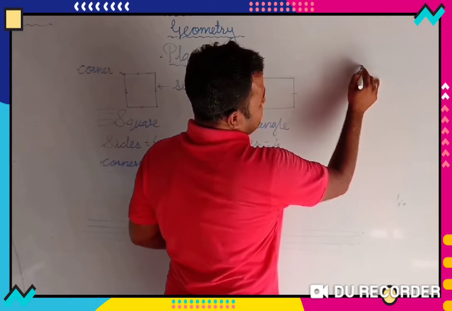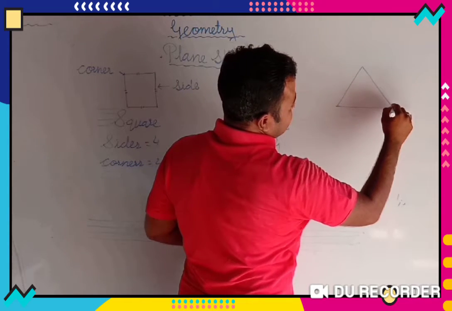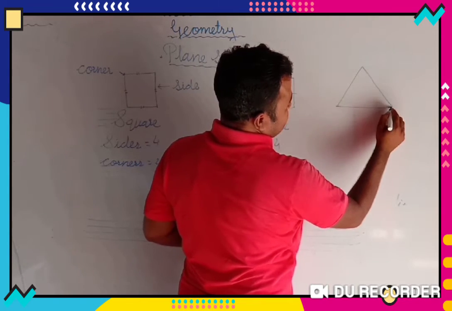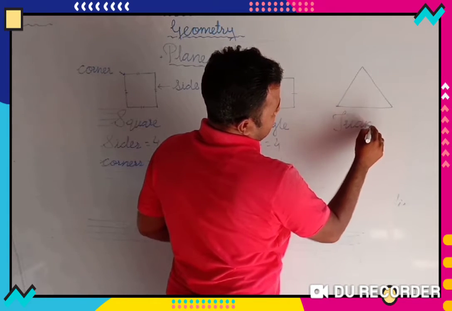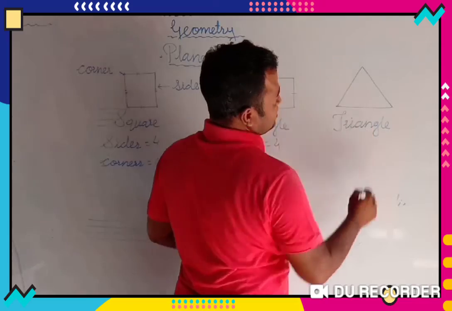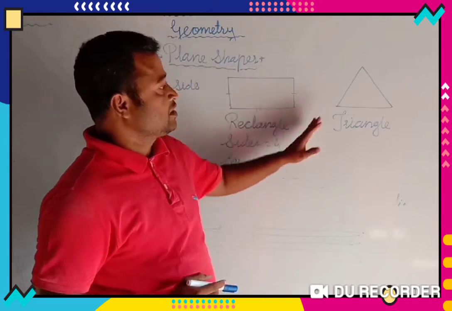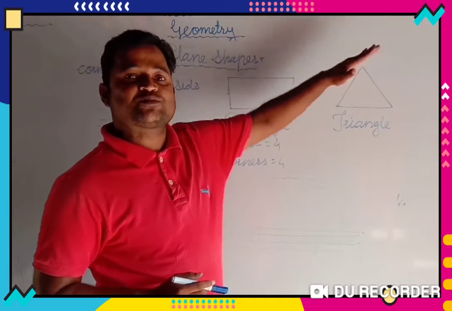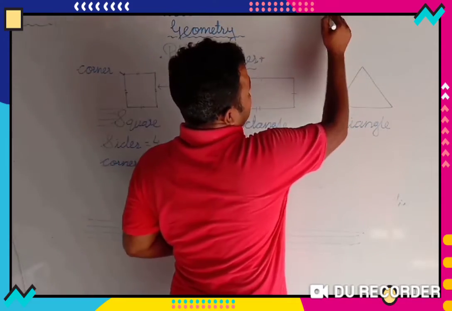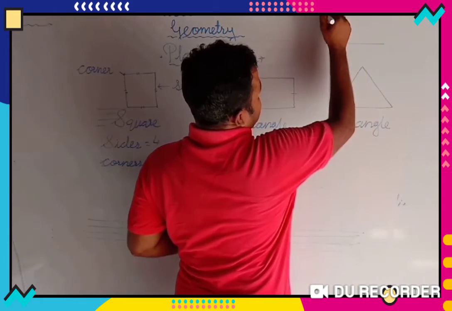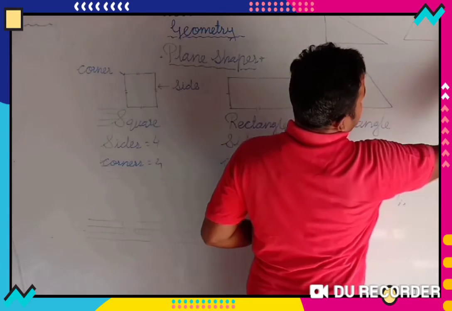Next, the plane shape which we have studied is a triangle. My dear kids, further in this chapter we are going to study types of triangles. Like this is a triangle, this is also a triangle, and this is also a triangle.